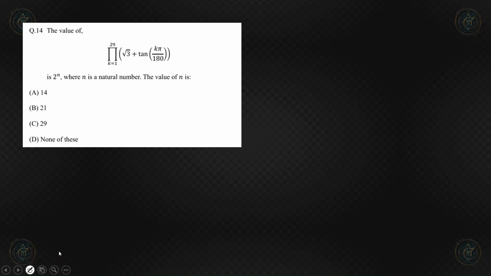ठीक है, तो हमारा गिवन एक्सप्रेशन है k equal to 1 to 29, this product root 3 plus tan of k pi by 180. Now this is a continued product. Now generally in this type of questions, we solve the question by telescopic method.